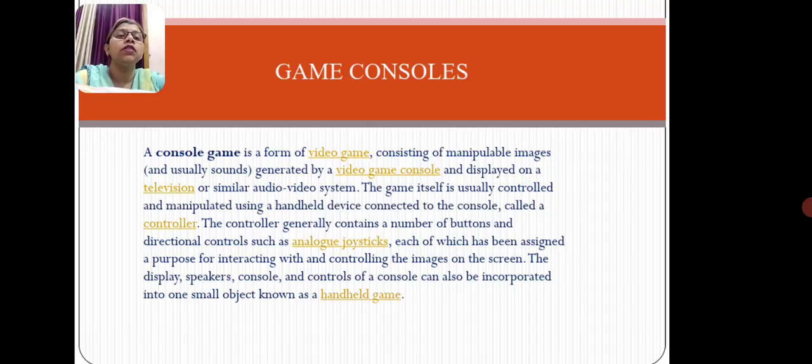The game itself is usually controlled and manipulated using a handheld device connected to the console called a controller. The controller generally contains a number of buttons and directional controls such as analog joysticks, each of which has been assigned a purpose for interacting with and controlling the image on the screen. The display, speaker, console, and controls of a console can also be incorporated into a small object known as a handheld game.